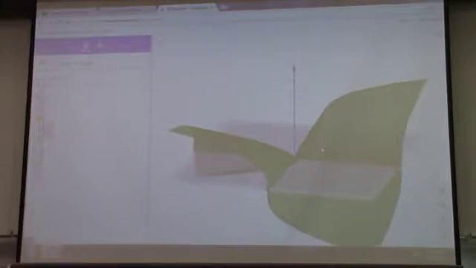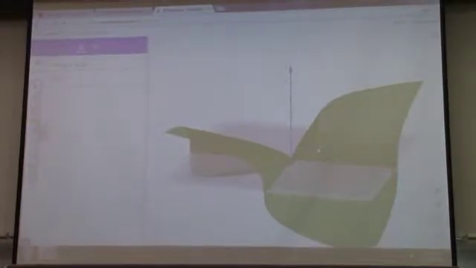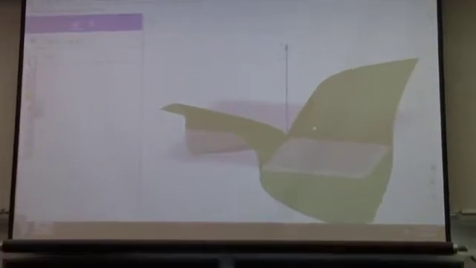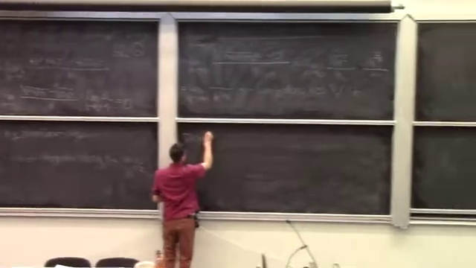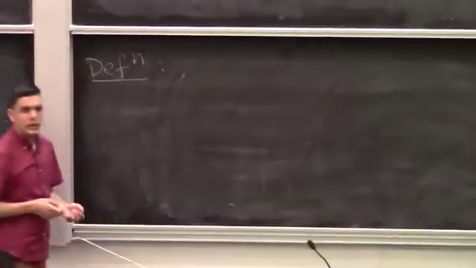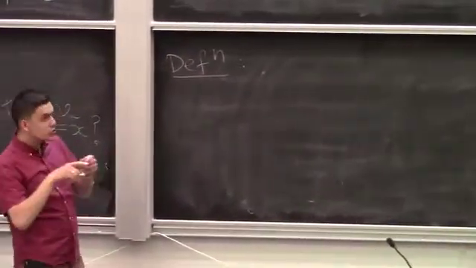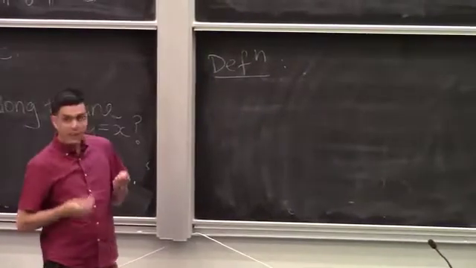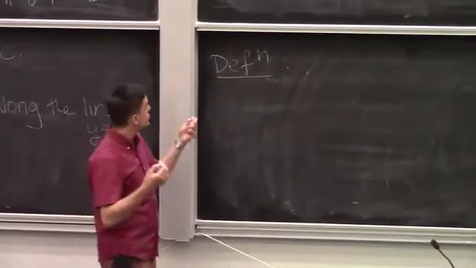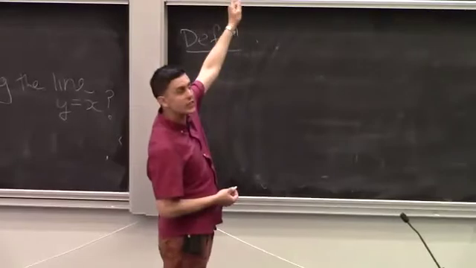So I want to give a name to this process of looking at derivatives in one particular direction. Okay, so the partial derivatives are along the axes. Let's give a name to the thing we just calculated up here.